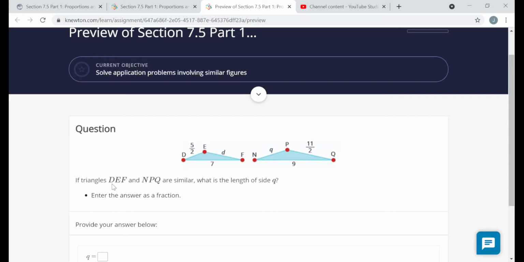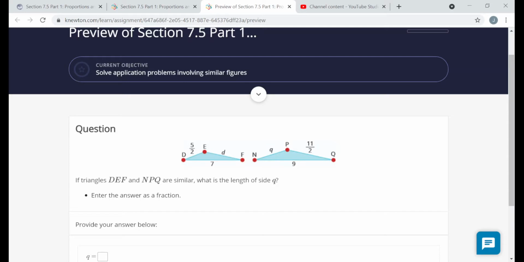And I'll write this out when I take this to paper. We're told here, if triangles DEF and NPQ are similar, what is the length of side little q? Now side q here in the diagram is the length of side PN or NP, the segment NP. And enter your final answer as a simplified fraction.